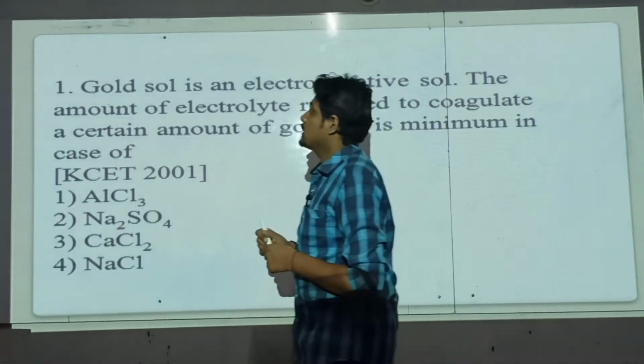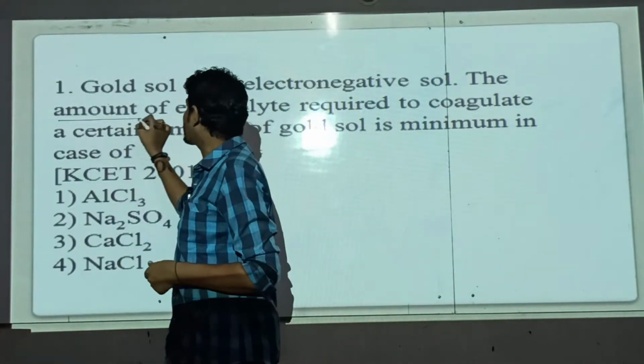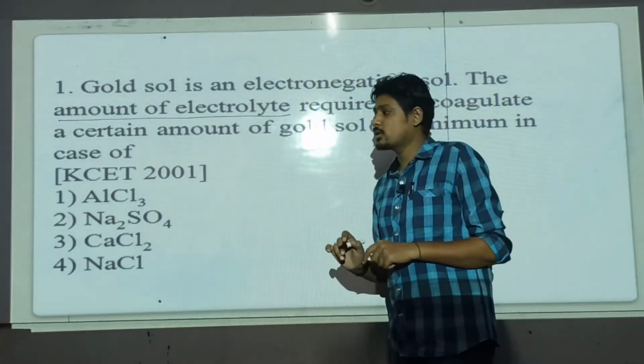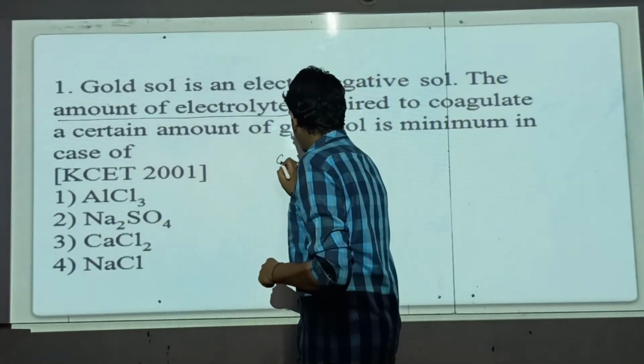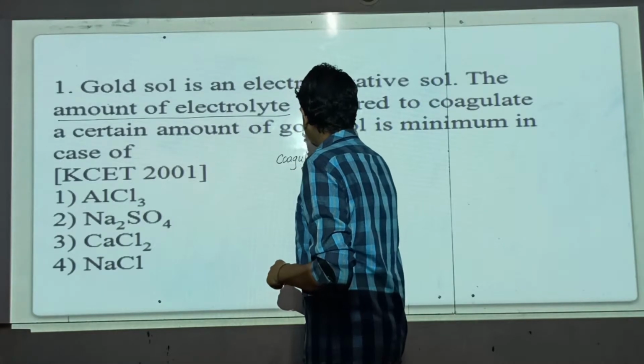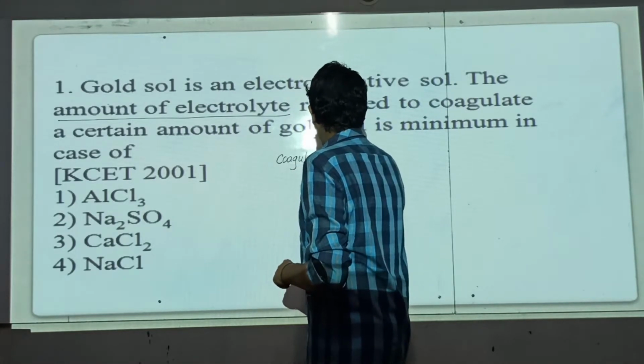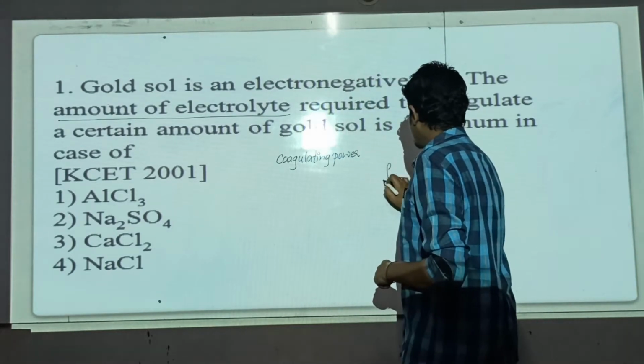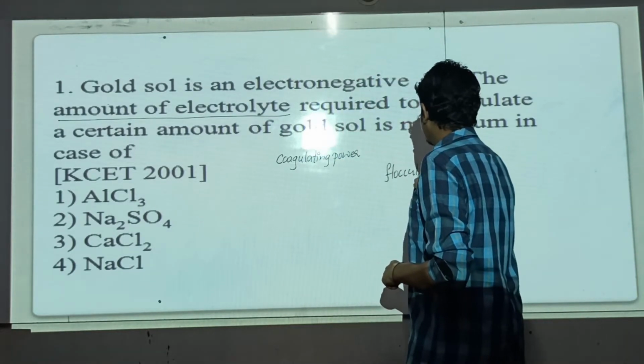Whenever they ask you the amount of electrolyte, one thing should come into your mind. There are two things. One is coagulating power, and another one is flocculation value.